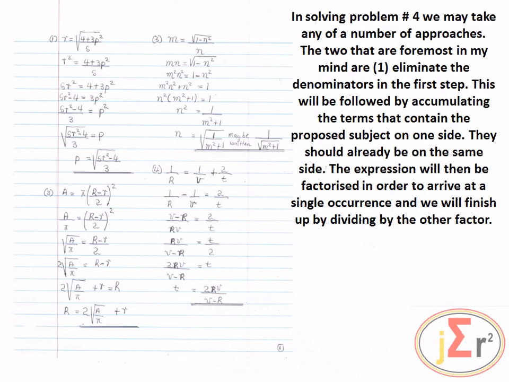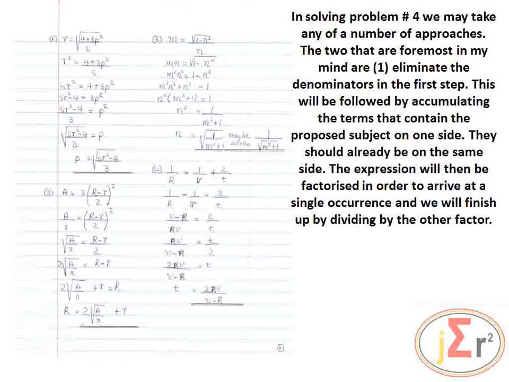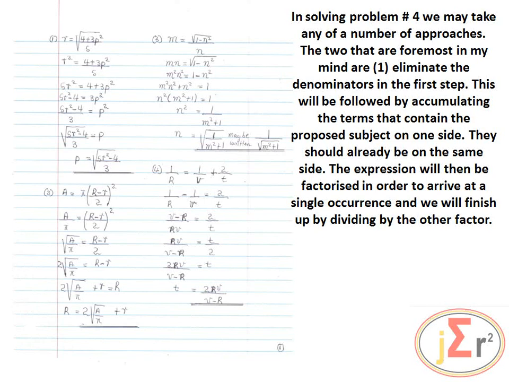Now we are taking a look at problem number 4. In solving problem number 4, we may take any of a number of approaches. The first of the two that I have foremost in my mind is to eliminate the denominators in the first step.